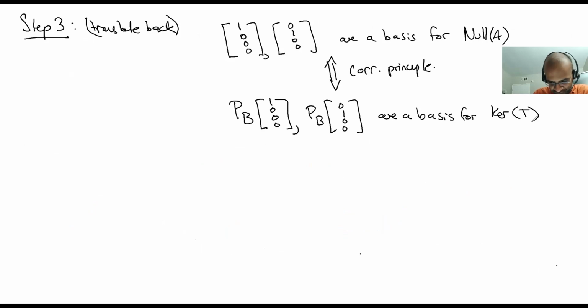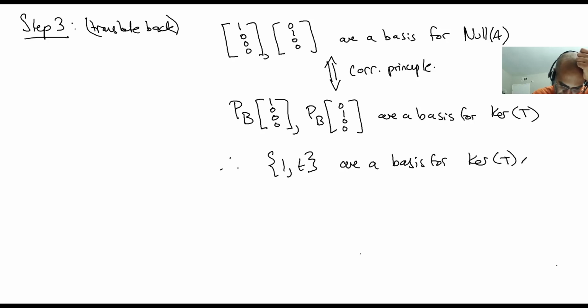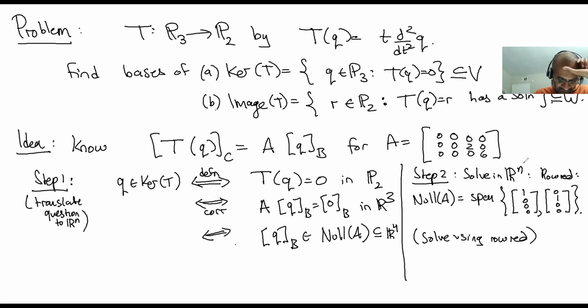Isomorphism means same structure. It means it's the same thing with different names. And the things that change the names are these PBs. And now this is the same thing as saying that 1 and T are a basis for the kernel of T. So we solved problem A using the correspondence principle.